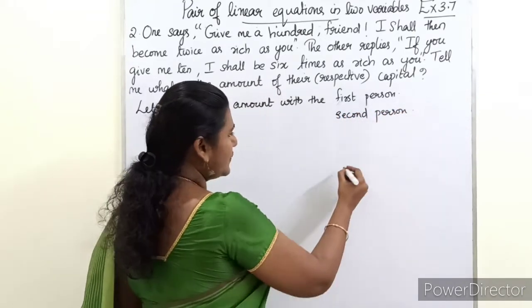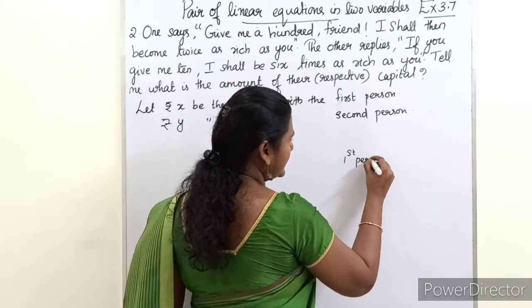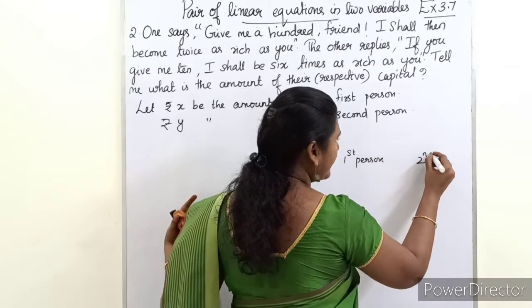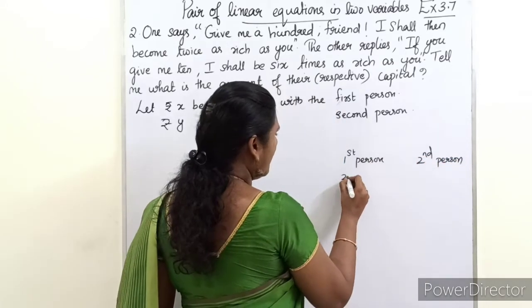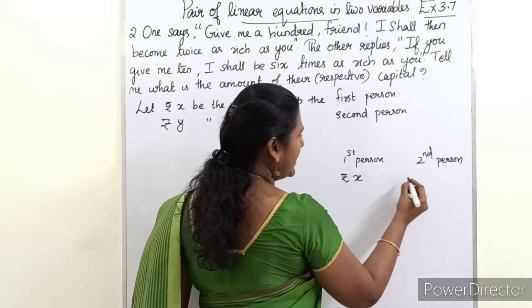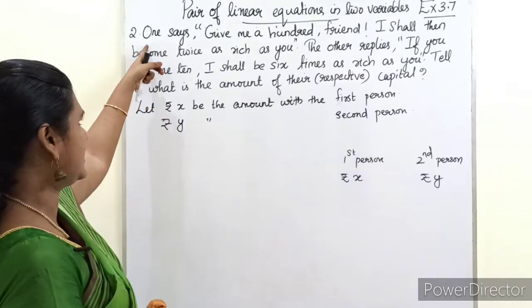So now we have two persons, the first person and the second person. The amount with the first person is x rupees and with the second person is y rupees. Now we will read the question.